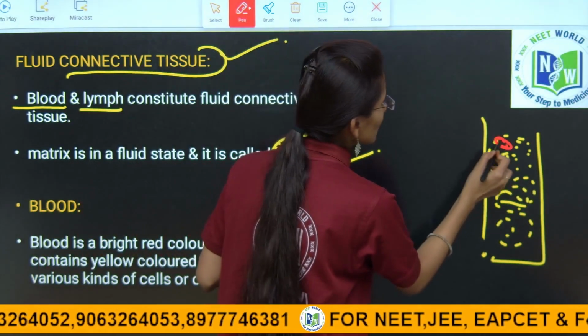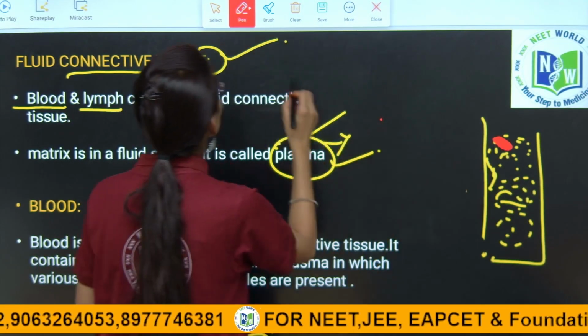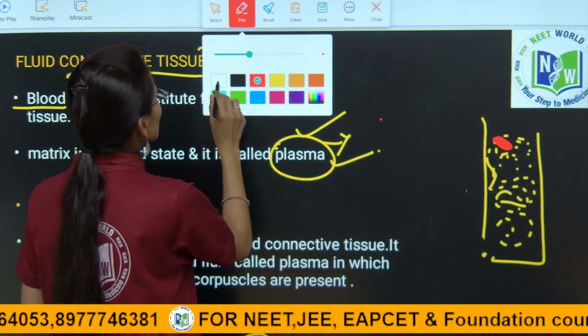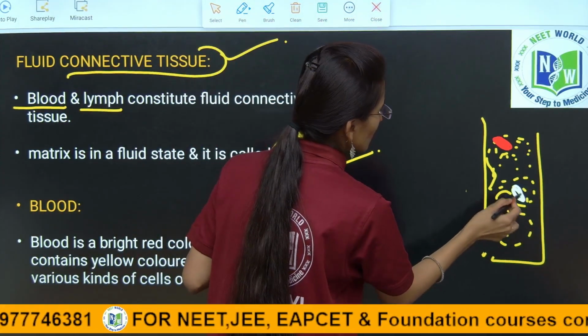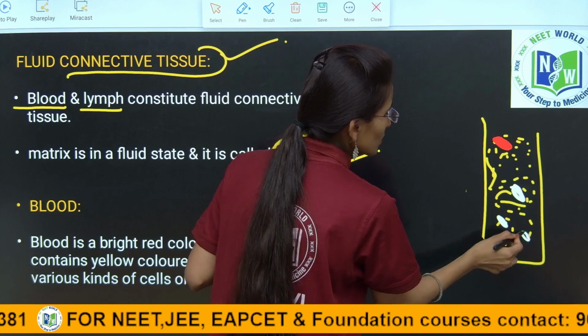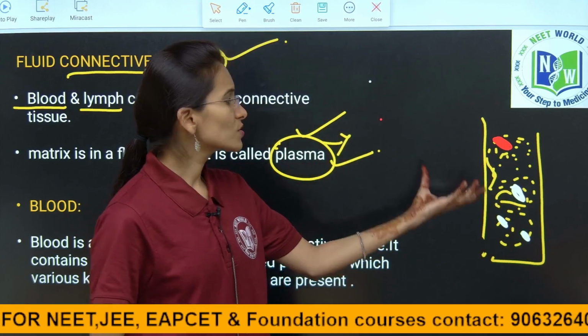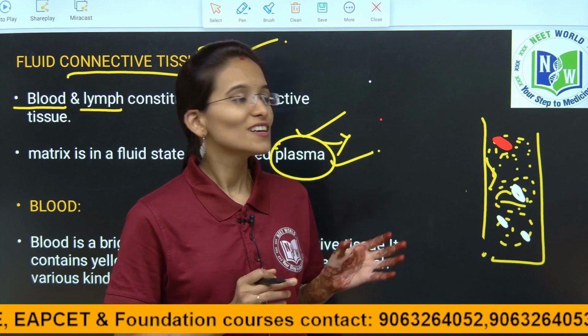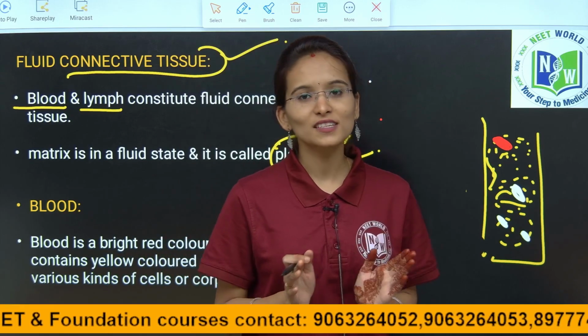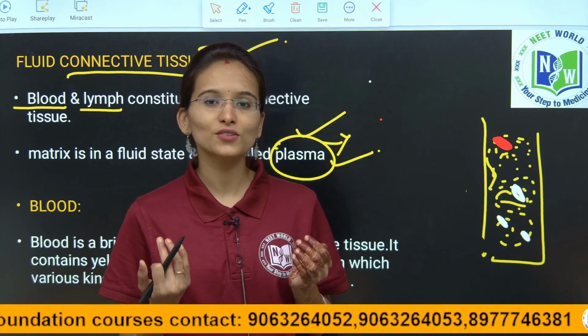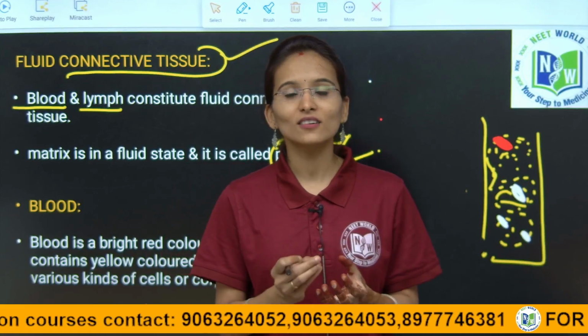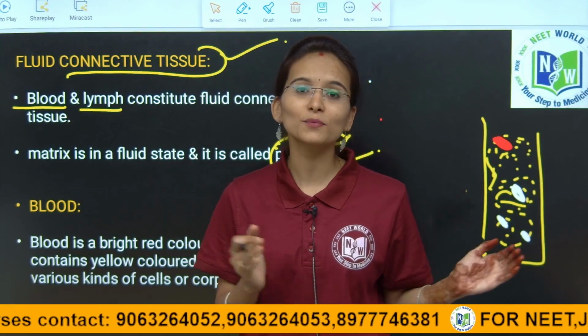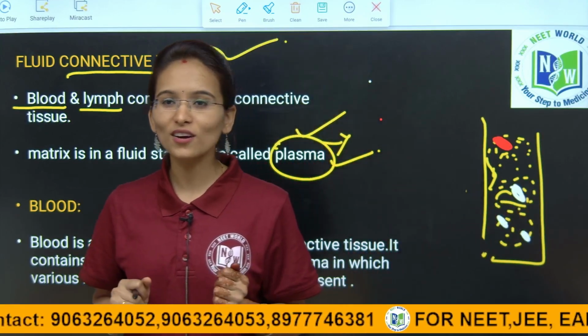See, these are the RBCs, and next the WBCs. Due to this loose composition and the watery nature of the matrix, all the cells can be freely transported. It means the fluid connective tissue requires a fluid nature to transport these cells. Clear with the concept?